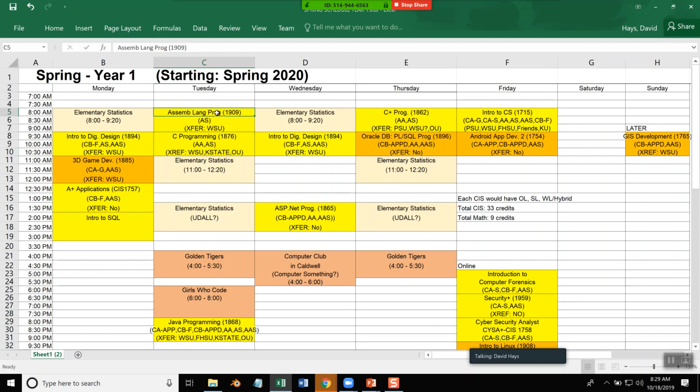I'm trying to figure out how to align the program with WSU and Fort Hays. That's the other thing I've been spending a lot of time with this week, trying to get those lined up. We're lined up pretty good with Wichita State now, but I want to merge the two together and see how the classes for Wichita State can also transfer to Fort Hays.